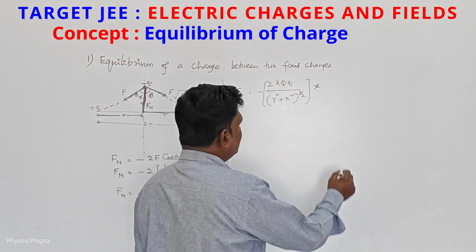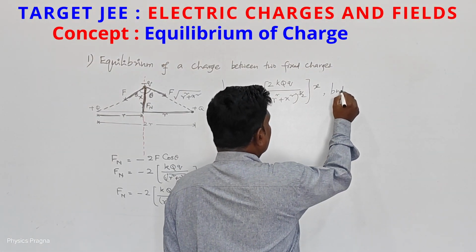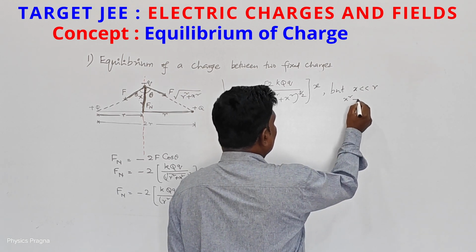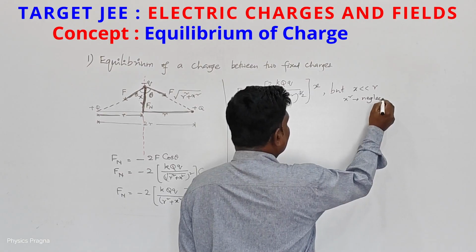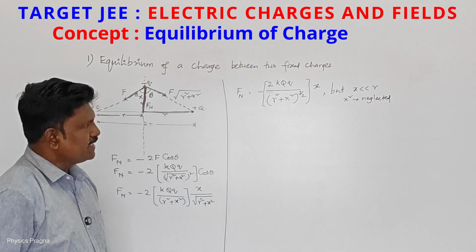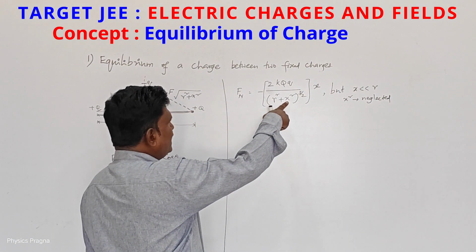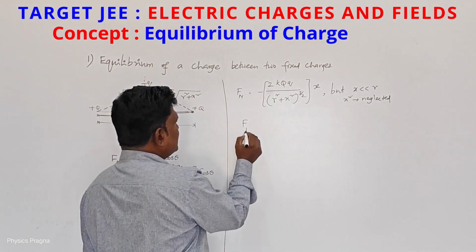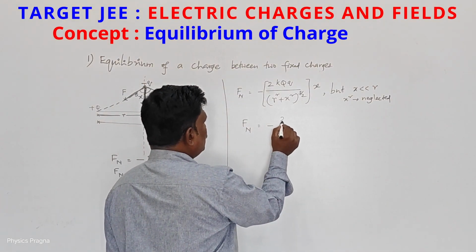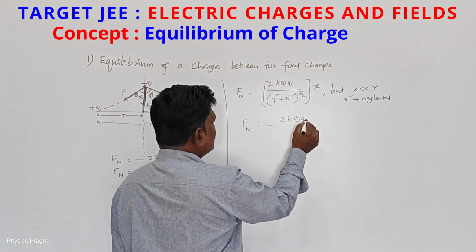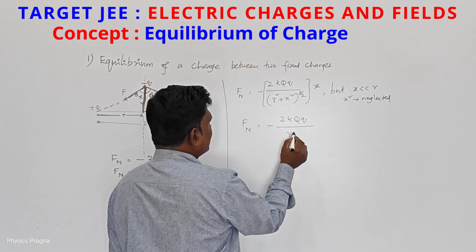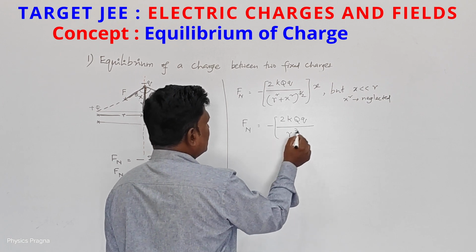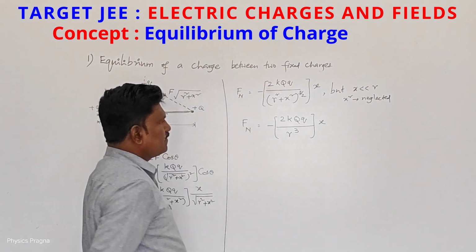Here, as usual, x is very much less than r, so the x square value is neglected. If I neglect x square, that r cube will come. So Fn is equal to minus 2 k Q small q by r cube into x.